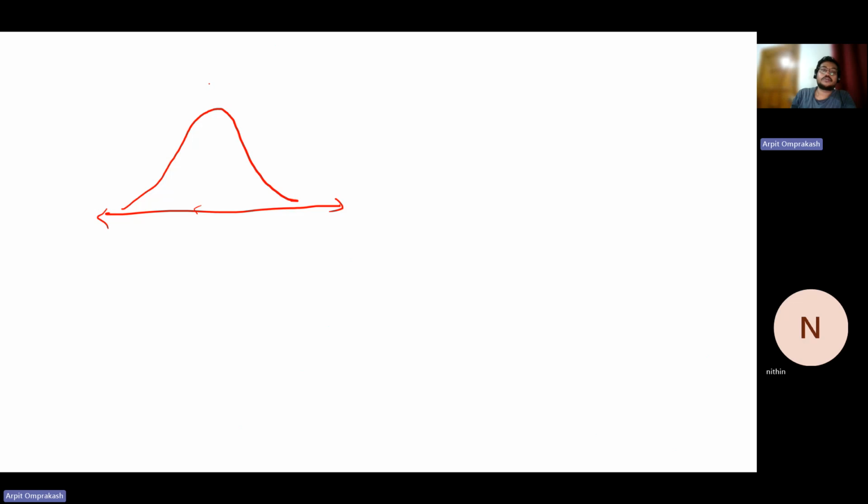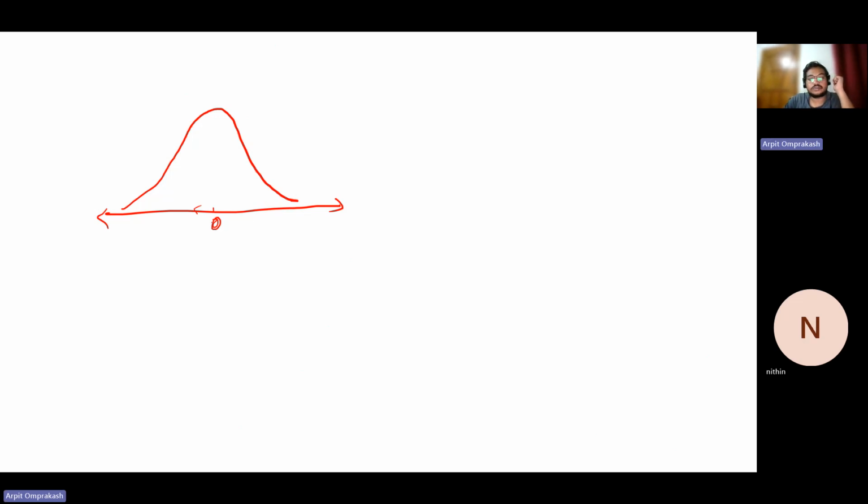When we are talking about a test of hypothesis, we generally talk about a standard normal distribution or a t distribution, both of which look very similar to this. Basically we have 0 here, and this distribution goes from here to here.